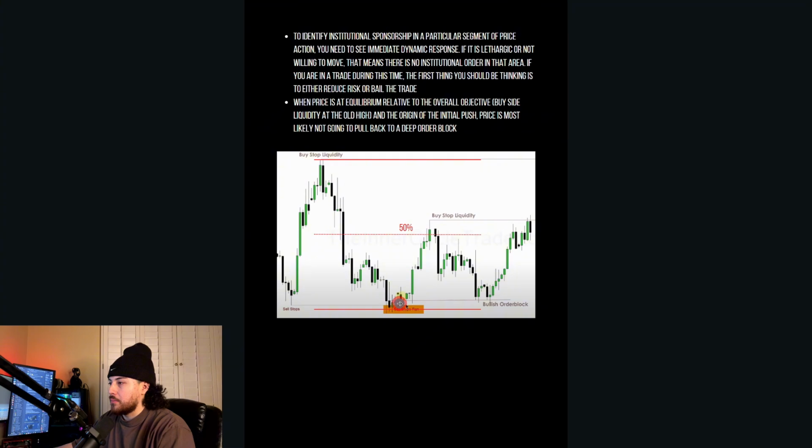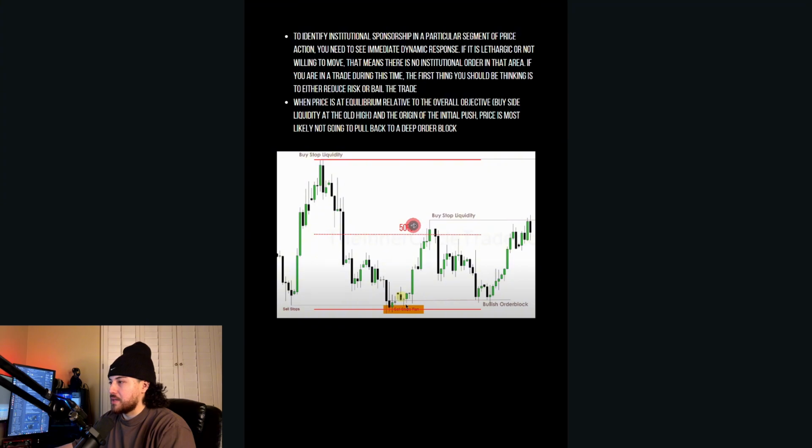Very similar to here. Price gives us a push, price comes back to the origin and pushes on higher. Once price is above equilibrium and taking out buy side liquidity to the left, it probably isn't the best idea to anticipate price to come all the way back down to the origin, since price is above the 50% of the overall push.